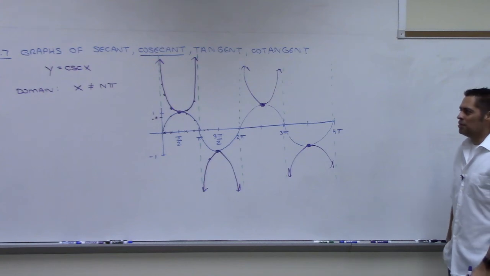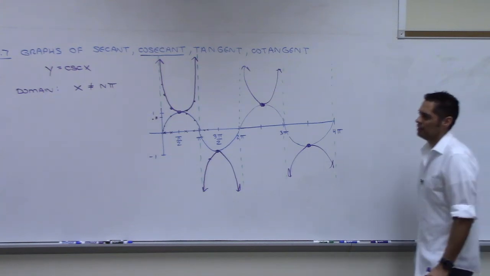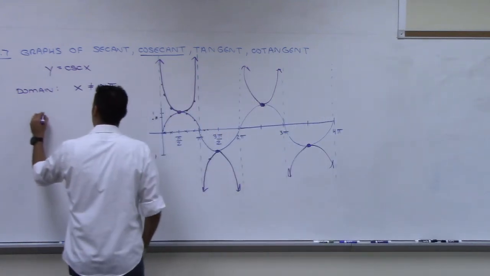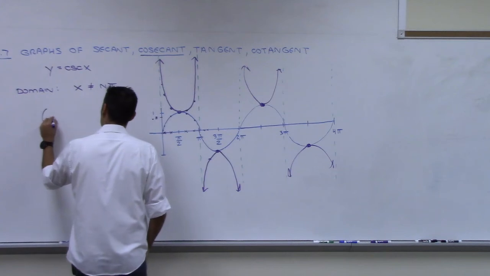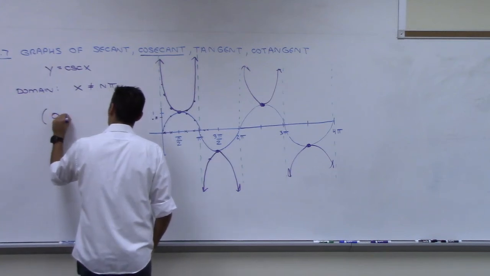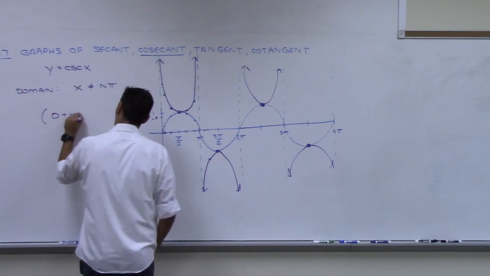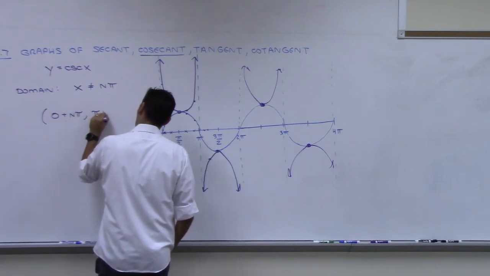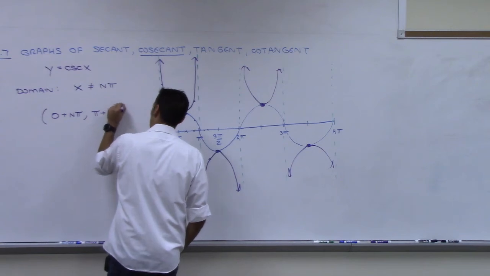Is there a way you could do the interval notation of this, though? Let me write it down and see if you believe it or not. Show that to you for the first time.